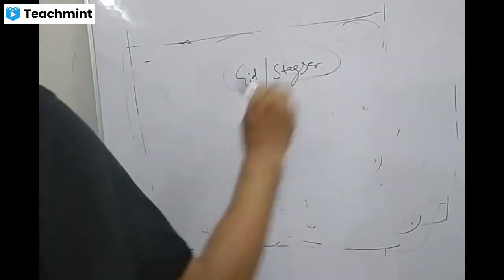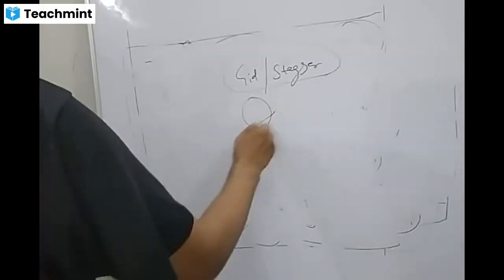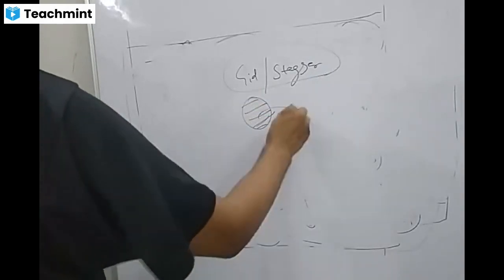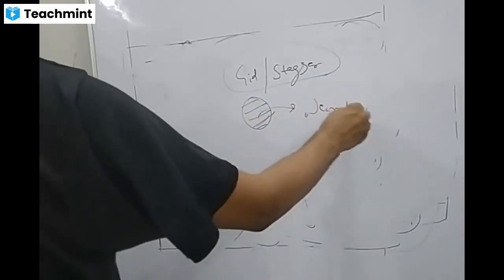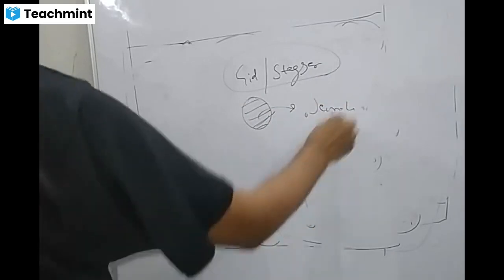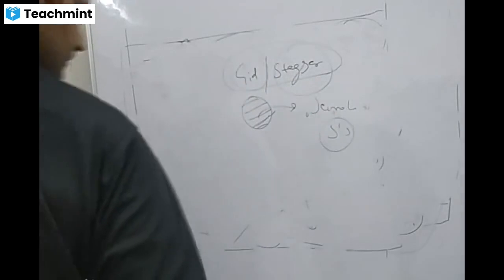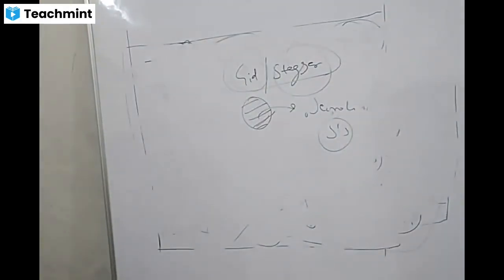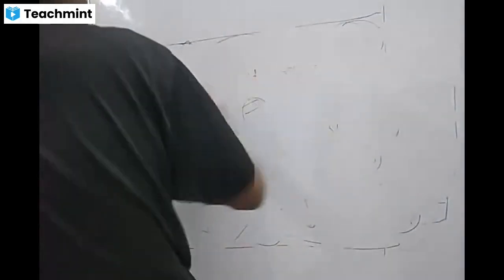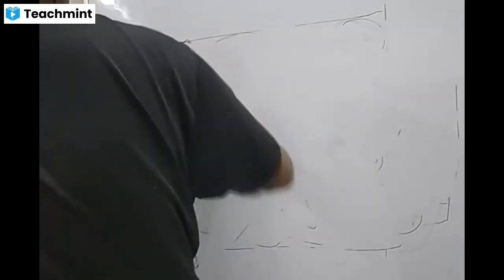This is because of the formation of that cyst, and that gives your neurological signs, and these neurological signs are known as stagger or gid.